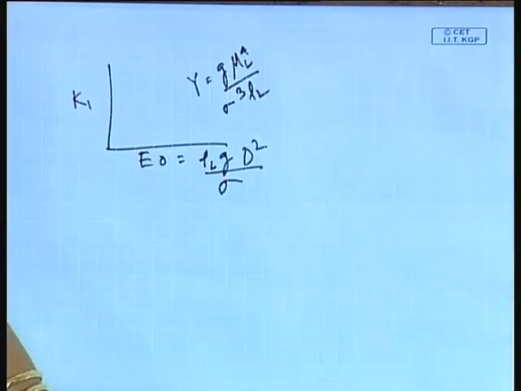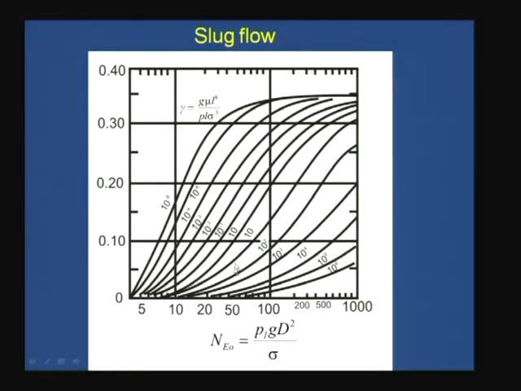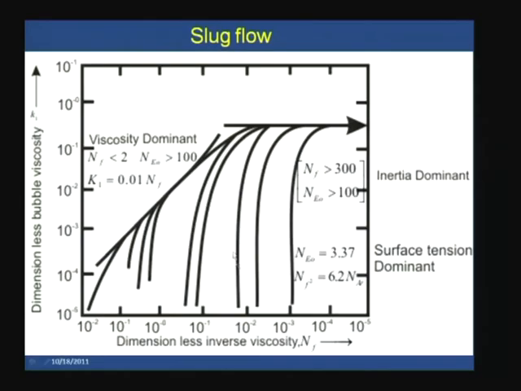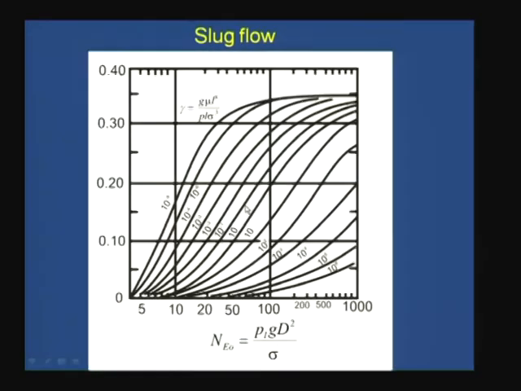In this particular slide, we can either use these curves, but they are much more spread out, they are not very conveniently used. Usually we use this set of curves where your Froude number has been plotted as a function of Eotvos number with the liquid property group as the parameter.